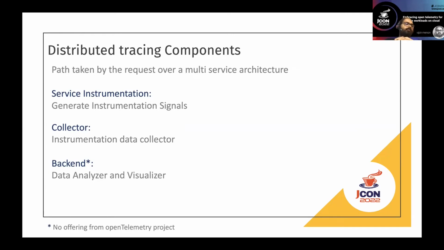So you can collect the signals or the data, whatever instrumentation you have done in your services, using the collector. But if you want to visualize them, then you will need tools like Prometheus or Jaeger. So based on the backend of your choice, you can export this data to your backend and visualize it. So these are the three components which are associated.